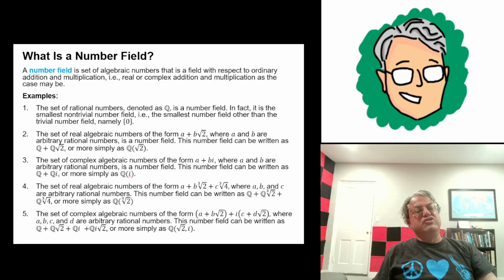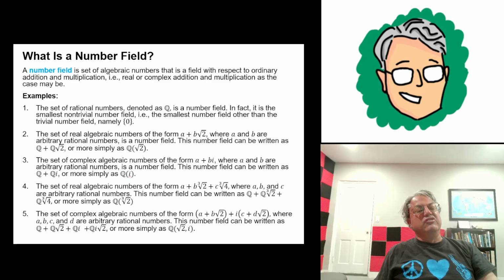So you need both the cube root of 2 and the cube root of 4. And this is also a field if you adjoin. So we can write this as Q plus Q times the cube root of 2 plus Q times the cube root of 4. And it turns out this is also equal to Q adjoin cube root of 2. You don't have to adjoin the cube root of 4 as well. You get that one for free.